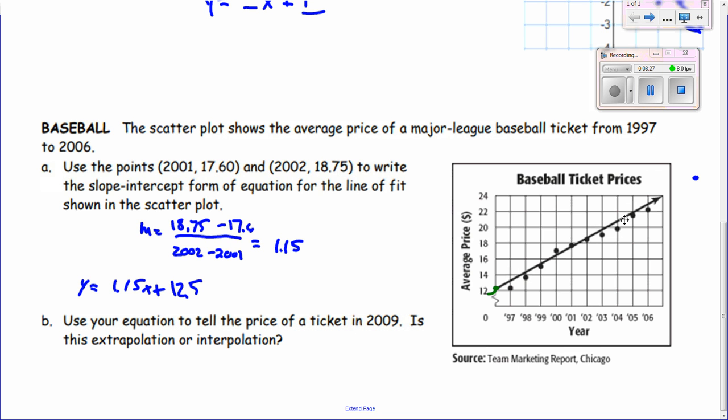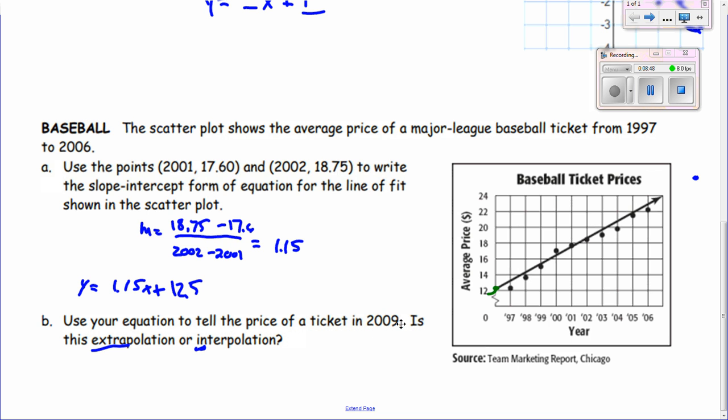And so we would be using the line and our data points, or halfway through the 2002 year, tell us what the ticket prices were. So we will be using the data inside if it's interpolation. In and extra is all you need to know for extrapolation and interpolation.